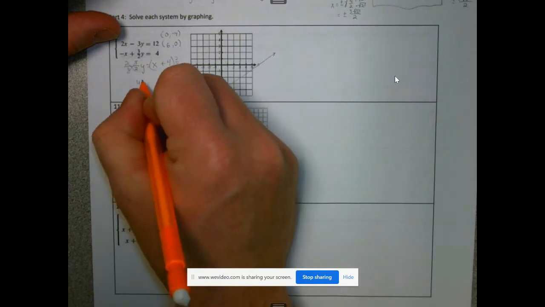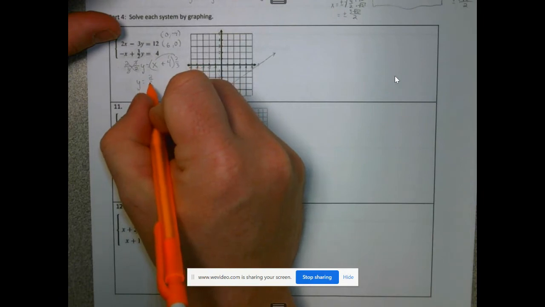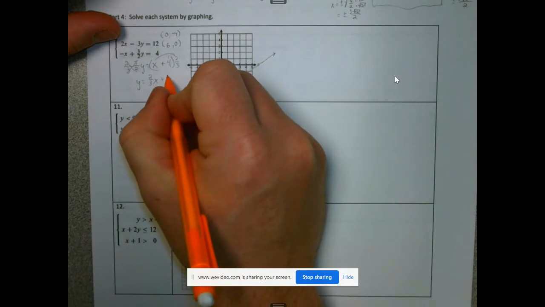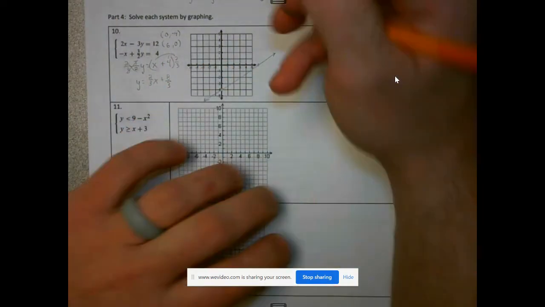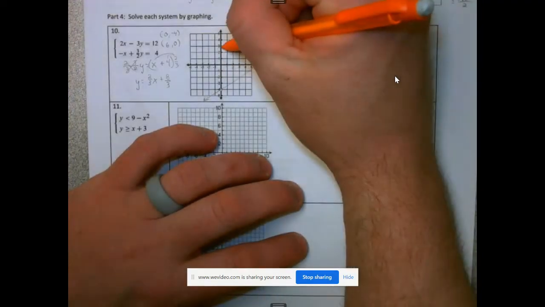So you get y equals, you have to distribute that. So 2/3 x plus 8/3. Okay, so 8/3 is a little bit over 2. So 2 2/3.